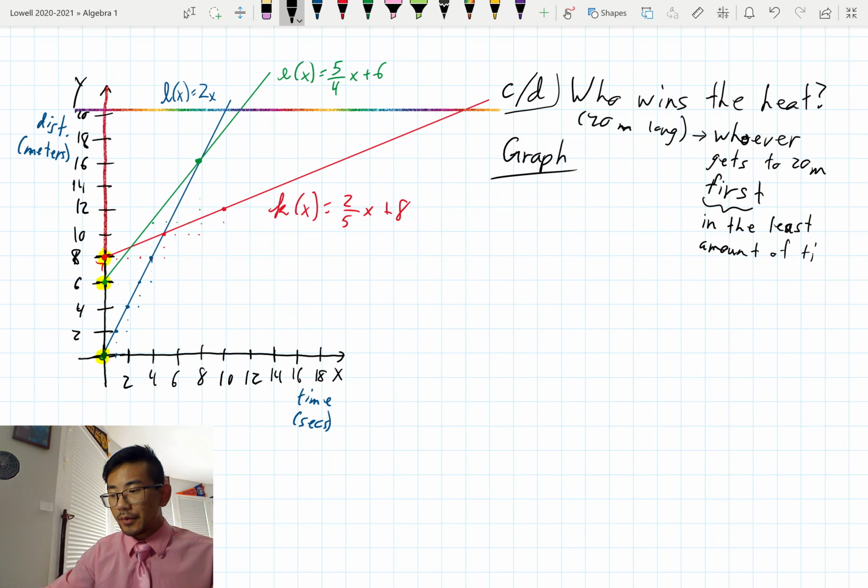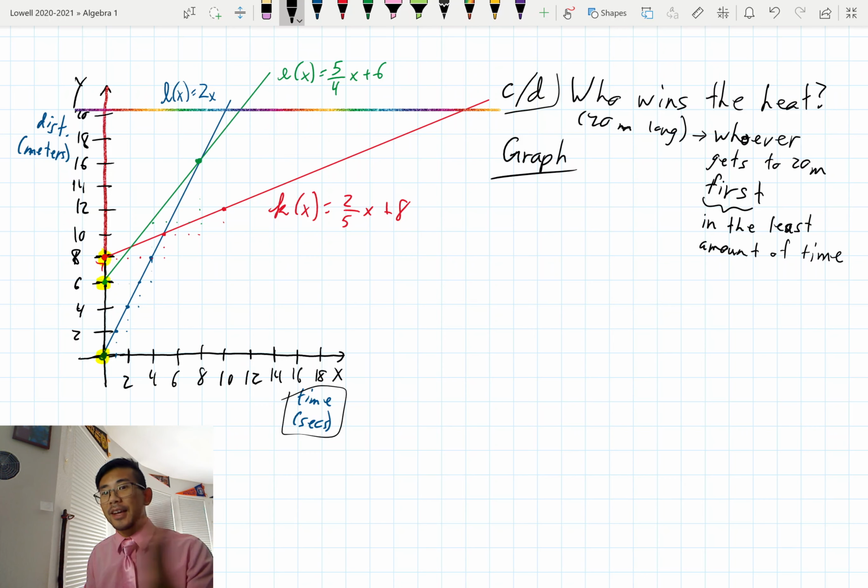Now remember, time is our independent variable, so it goes along the x-axis. And so the least amount of time would mean the smallest time, or the furthest to the left, because further to the left means less time.